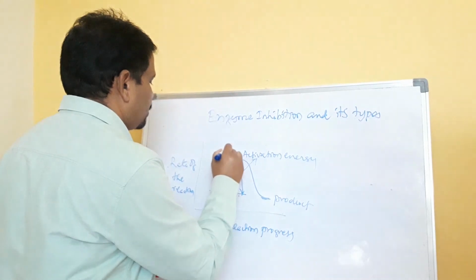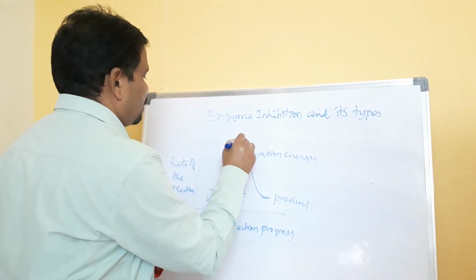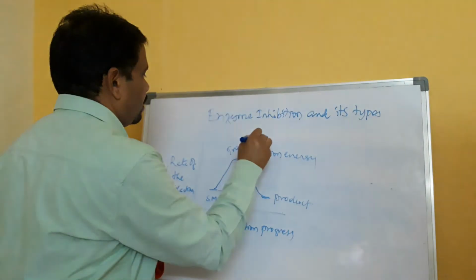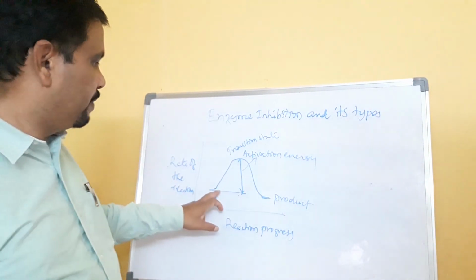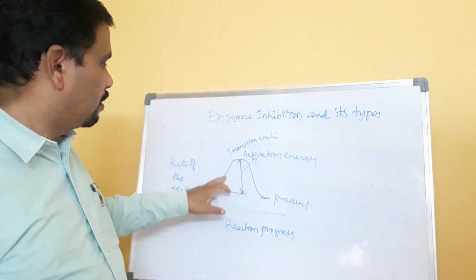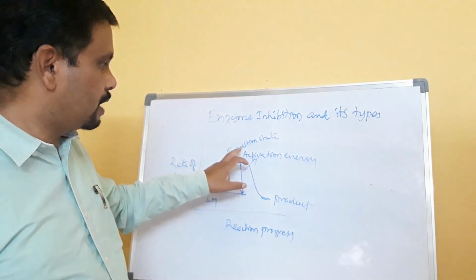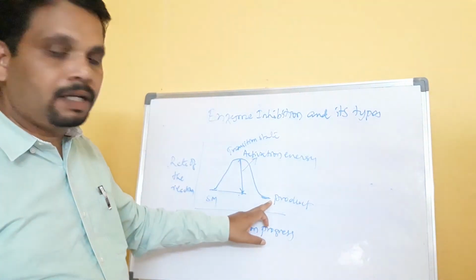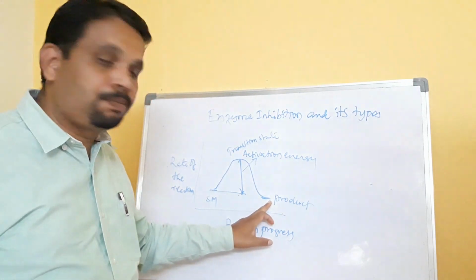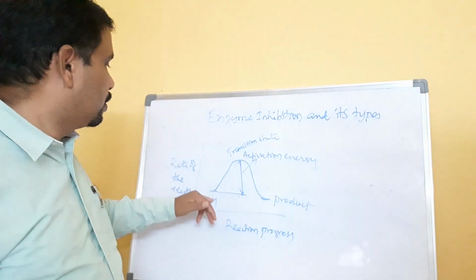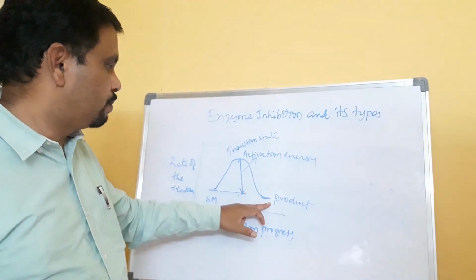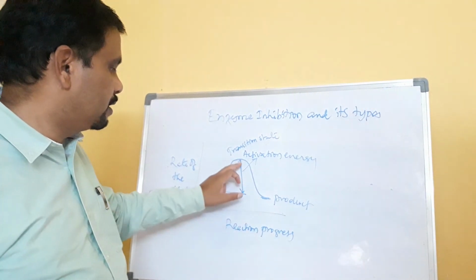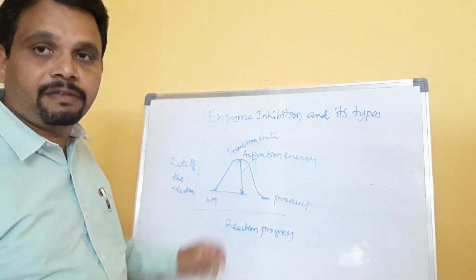This is the transition state. So the starting material is first converted into the transition state and finally converted to product. If the starting material is converted to product, it needs this kind of activation energy.